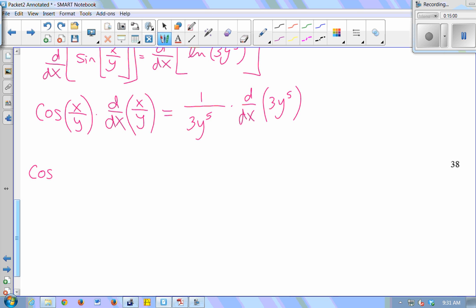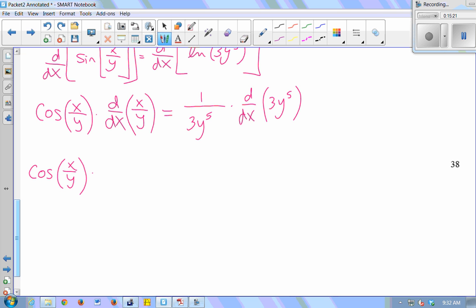So I have the cosine of x over y. Okay, now I want to take the derivative of x over y. How am I going to do that? Quotient rule, yeah. This is two functions, x and y is also a function of x. So I have a quotient.